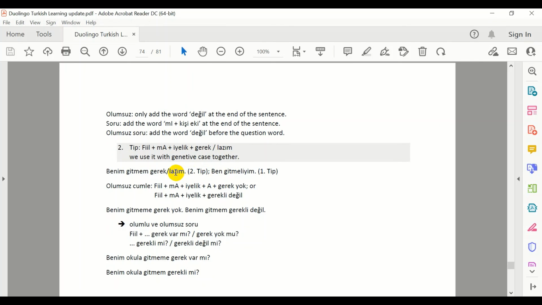And if you want to change it to a negative sentence, so instead of saying benim gitmem lazım or benim gitmem gerek, add one letter, ma, e or a, here at the end of this personal suffix. Benim gitmeme gerek yok.